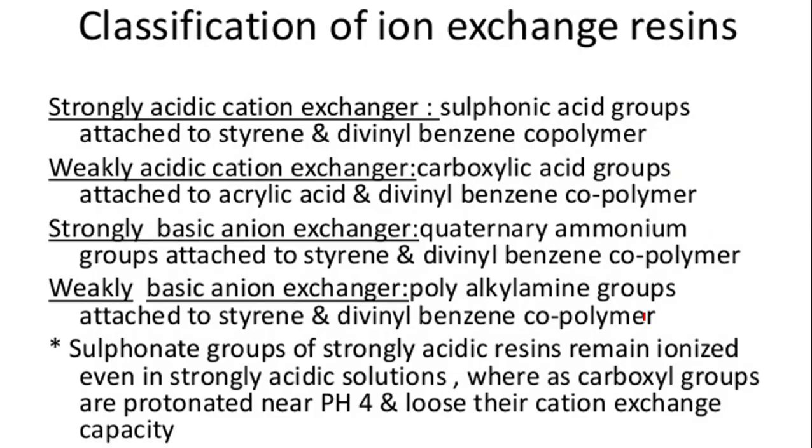And so by now you might have understood that we can classify it like a strongly acidic cation exchanger, weakly acidic cation exchanger, strongly basic anion exchanger, and weakly basic anion exchanger, depending upon the type of exchange and type of ions, etc.